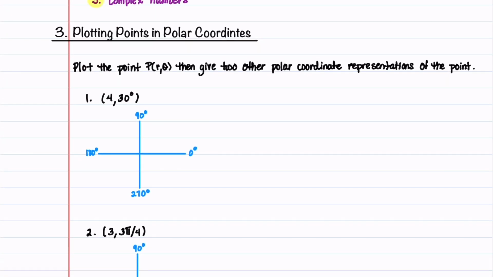We'll now do 3 examples where we'll plot a point in polar coordinates and then give 2 other polar coordinate representations of that point. In our first example, our radius is equal to 4 and our angle is 30 degrees. The first step in plotting this point is to plot the angle. We'll mark out an angle of 30 degrees.